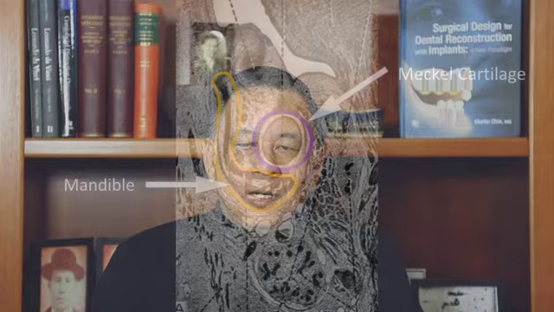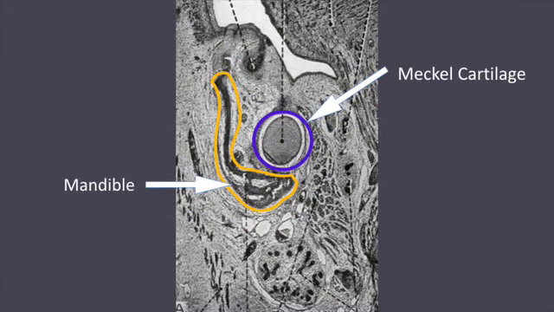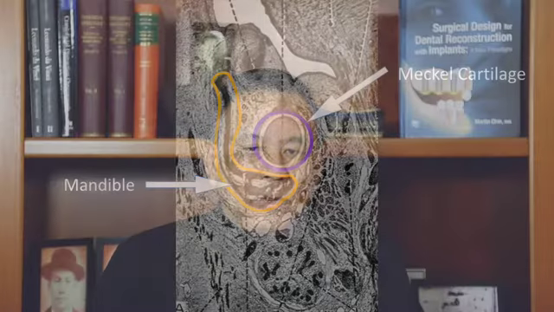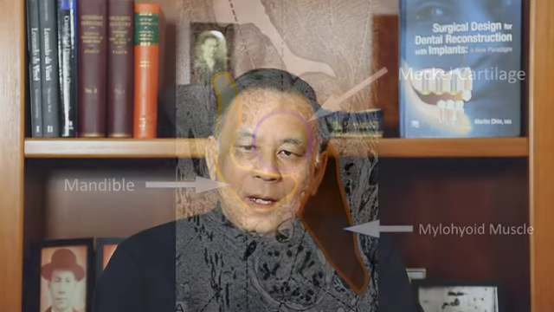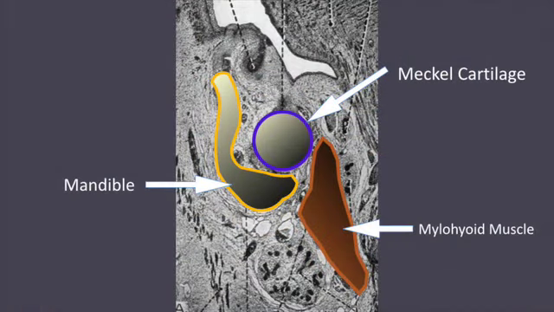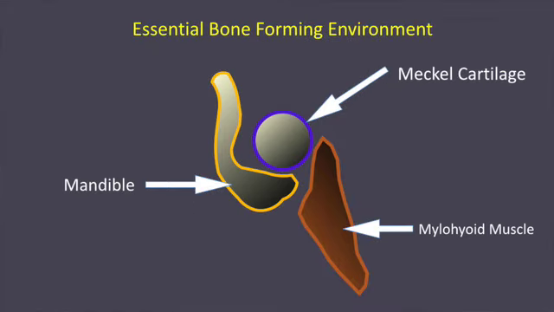This zone in which the mandible appears in the embryo is adjacent to Meckel's cartilage. It isn't within Meckel's cartilage, it is actually at a distance from it. Harvold also observed that the zone in which the mandible forms is aligned with the axis of the mylohyoid muscle. So he concluded that these circumstances formed a situation where bone will form.